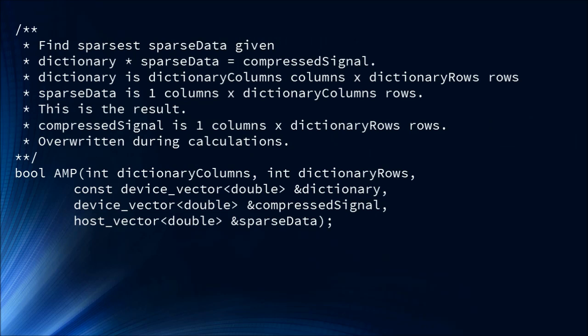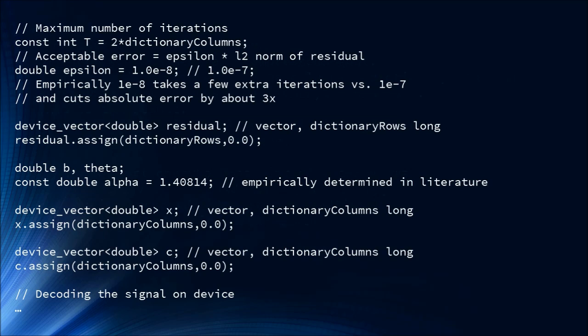So the AMP function that we wrote, and we'll be open sourcing it, actually takes the same signature as the matching pursuit. Same parameters, same order, everything, so that you could swap one algorithm out for the other and compare it. It's pretty straightforward. There's, of course, a little setup. The same kind of thing we had to do for matching pursuit.